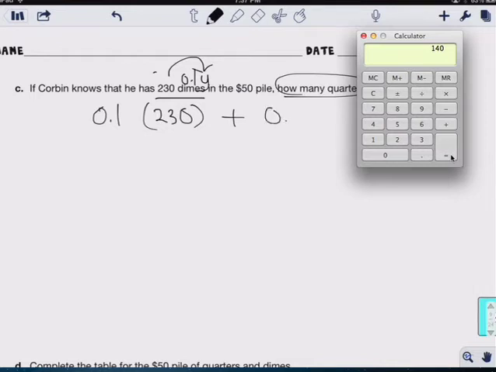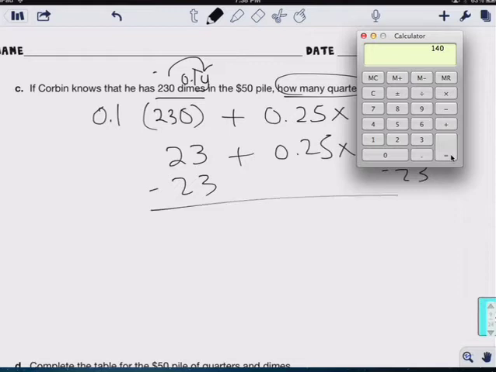We know what quarters are, it's x, equals $50. So that multiplies to 23. Use a calculator if you don't get it. 0.25x equals $50. Okay, minus 23, minus 23.